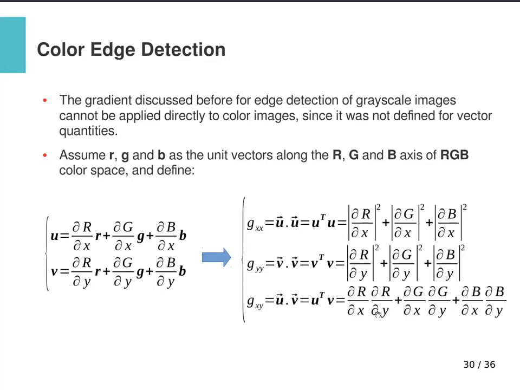If we do this dot product and simplify the result, g_xx is the squared sum of all the individual color components' derivatives with respect to x, and g_yy is the squared sum of all the individual color components' derivatives with respect to y.